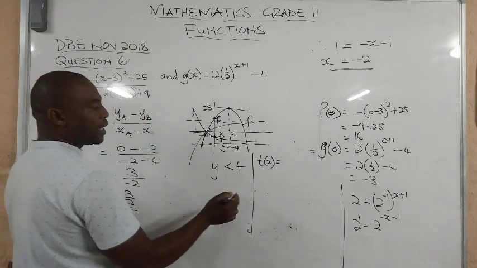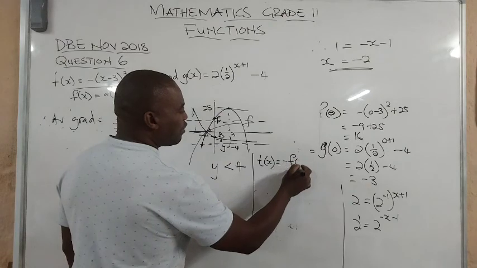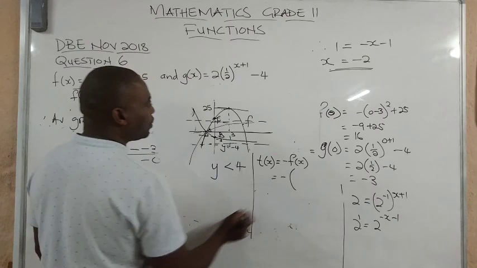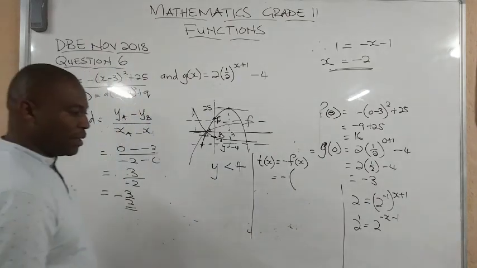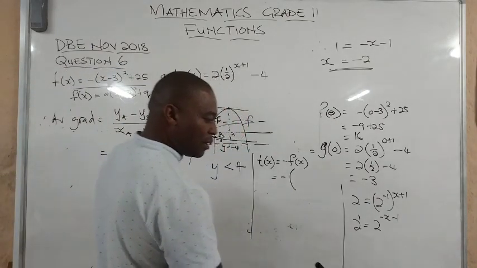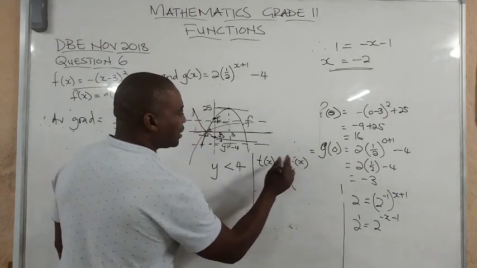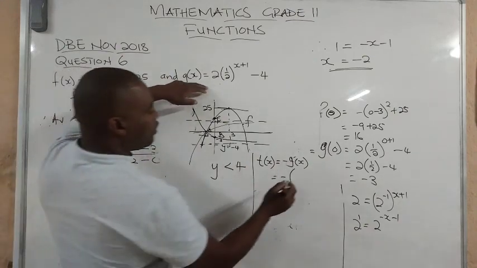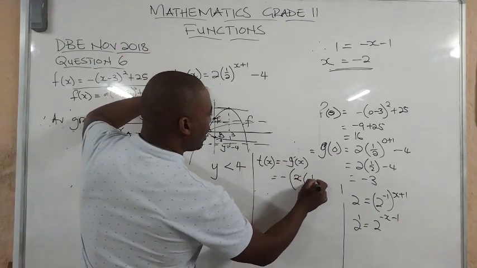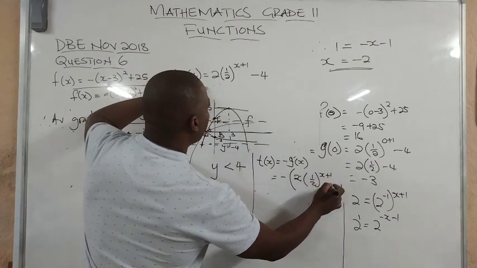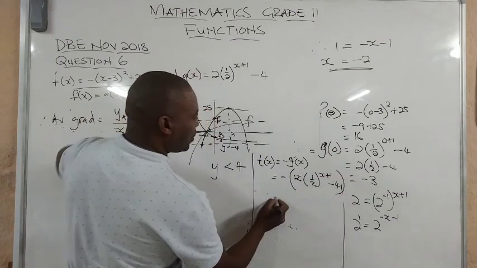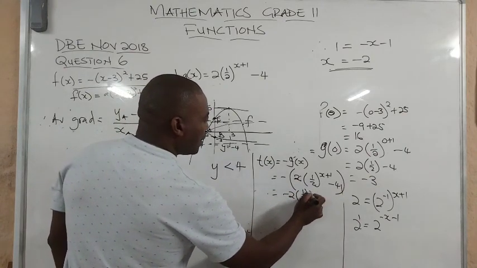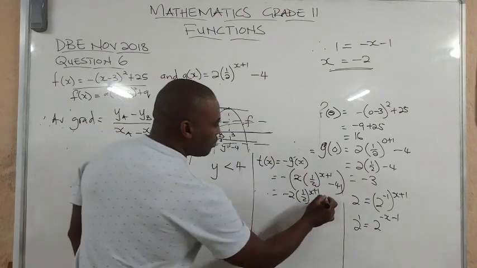If we reflect along the x-axis, it means we are multiplying by negative. So that will be negative into g of x, that is 2 into (1/2) to the power x plus 1, minus 4. So removing these brackets is negative 2 into (1/2) to the power x plus 1, plus 4.